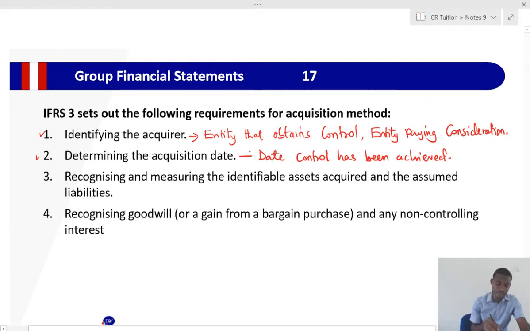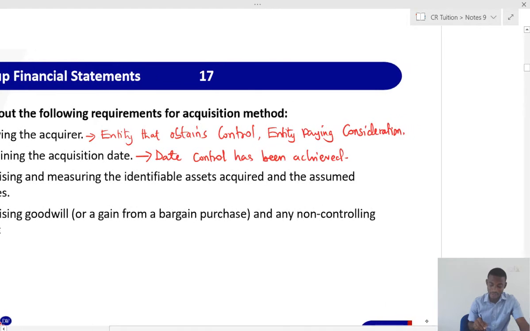Now, the reason we need to determine the acquisition date is that there could be earlier investments. Maybe the entity had 30% investment before, and they have gone on to acquire an extra 30%.